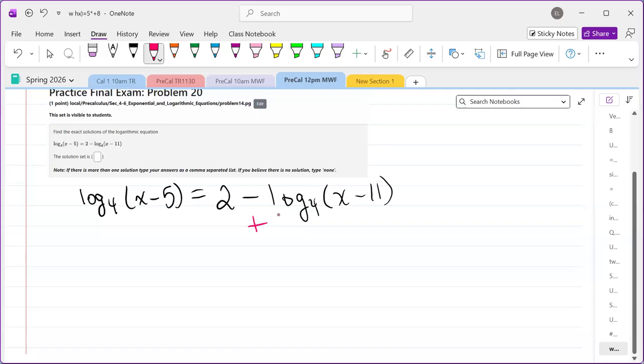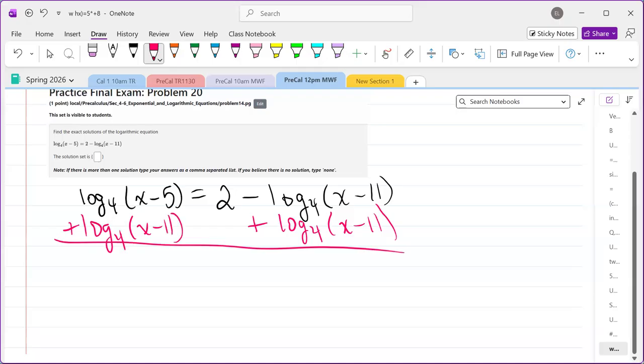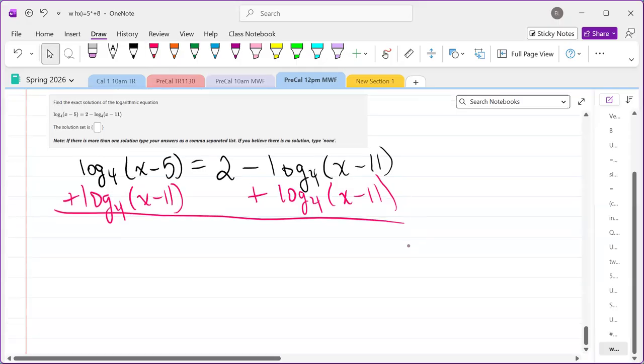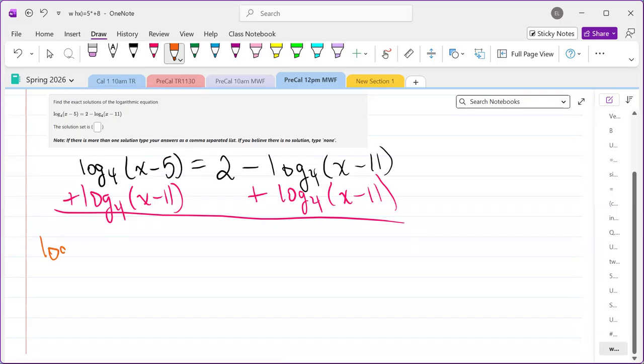So first thing I'm going to do is add the logarithm on the right over to the left side. Now it's really tempting when you see the logs vertically like this to add the insides, but that is not what happens. So I would just rewrite them.